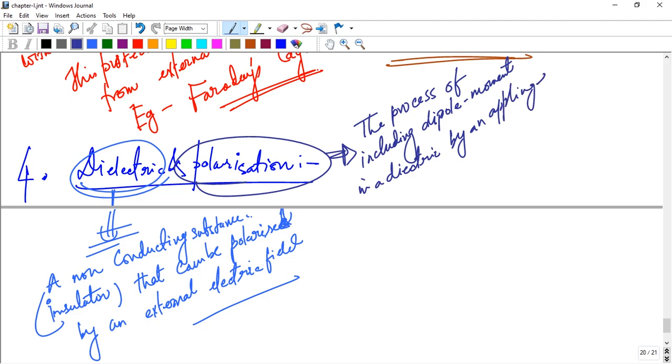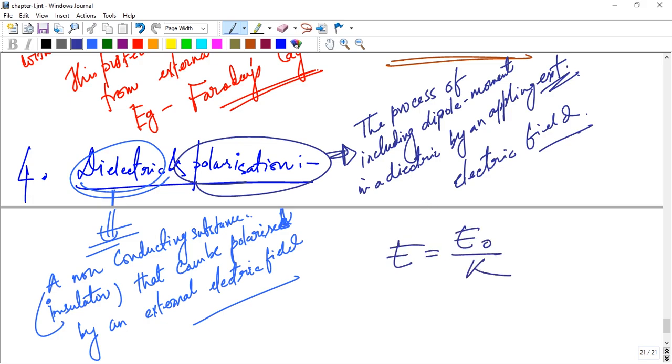The polarization vector is the dipole moment per unit volume of a dielectric. The effect of polarization is to reduce the effective electric field inside the dielectric, so we get E equal to E naught divided by K, where E0 is the external field and K is the dielectric constant.